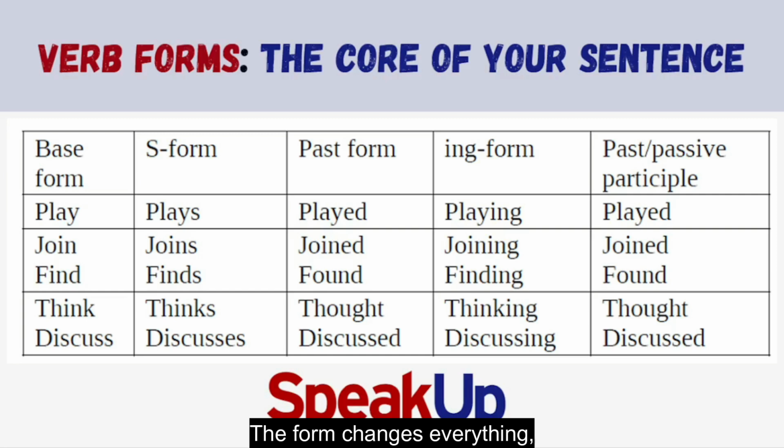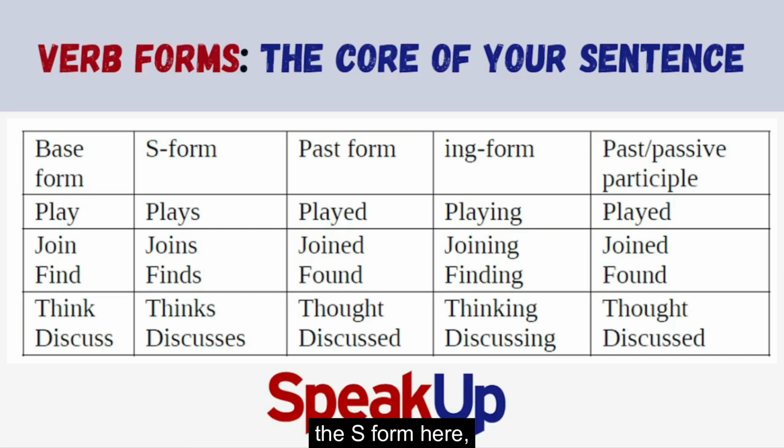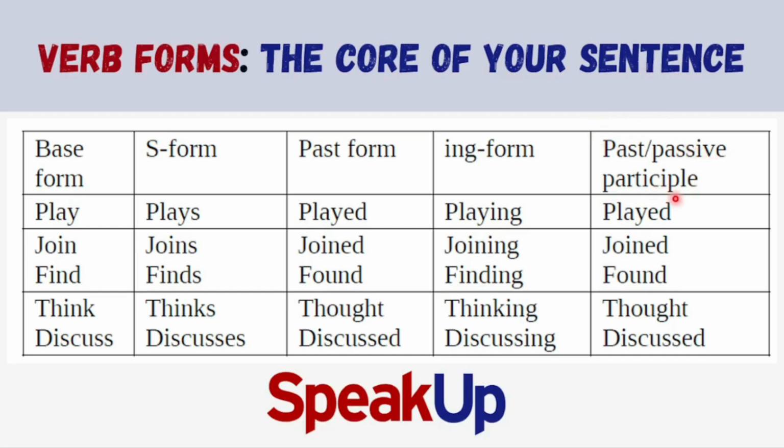The form changes everything, so you have to take note of the base form, the S form, the past form, the ing form, and the past participle or the passive participle.